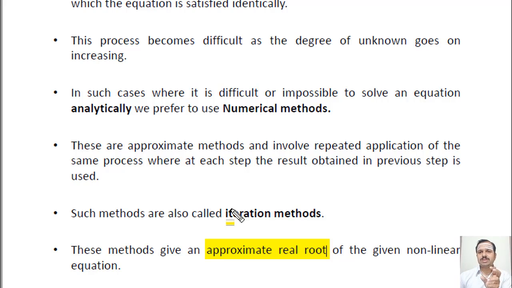If the difference is very small, that is, if they are almost the same, then we stop at that particular stage, and we say that the value obtained at the ith iteration is the required value of the unknown. So this is about the iterative type of method.